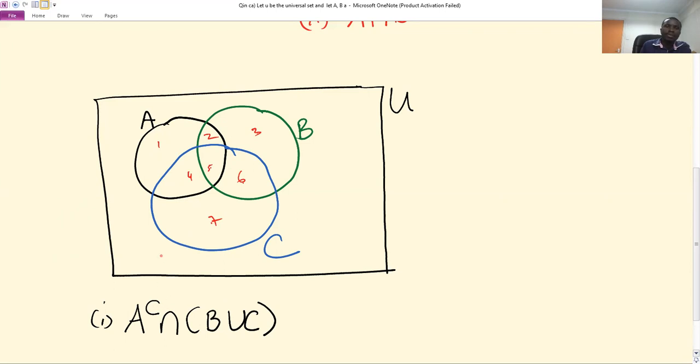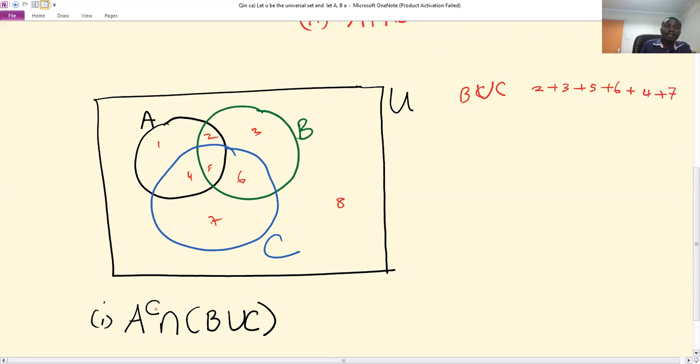A complement means what is outside A. Remember we have said that B union C is the region 2 plus 3 plus 5 plus 6 plus 4 and then plus 7.